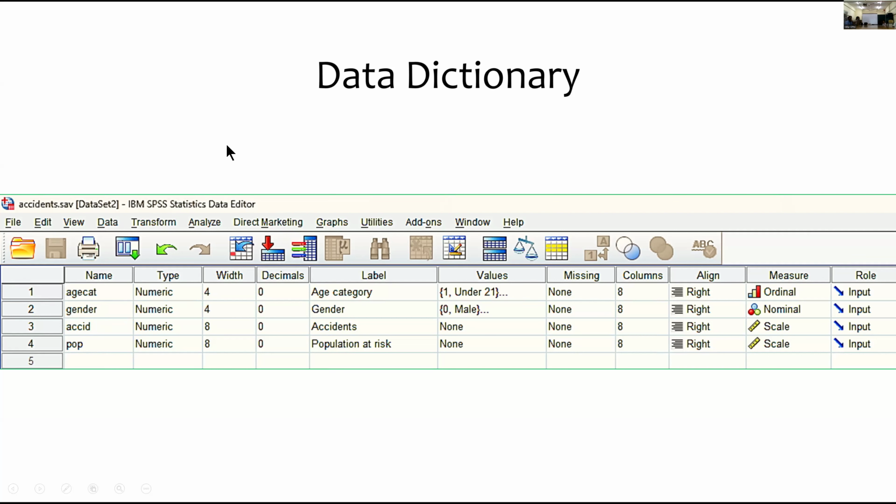But in fact you have categorized the data into 2 halves, less than 21 and more than 21. Age is actually a number, but here they have categorized it as less than 21 and more than 21. But the computer can't understand less than or more than, so for the computer's sake, they have coded it as 1 and 2.